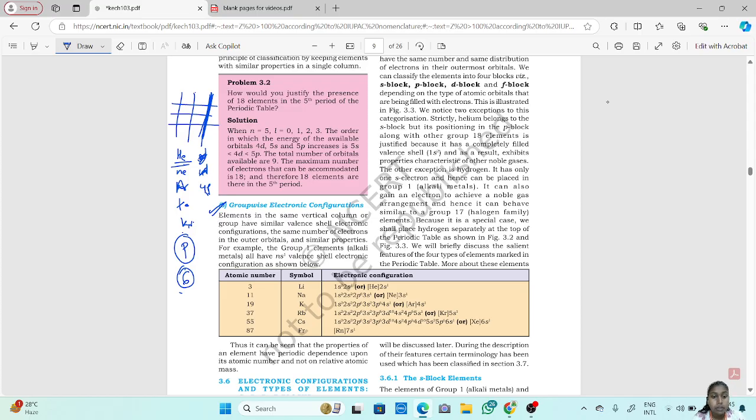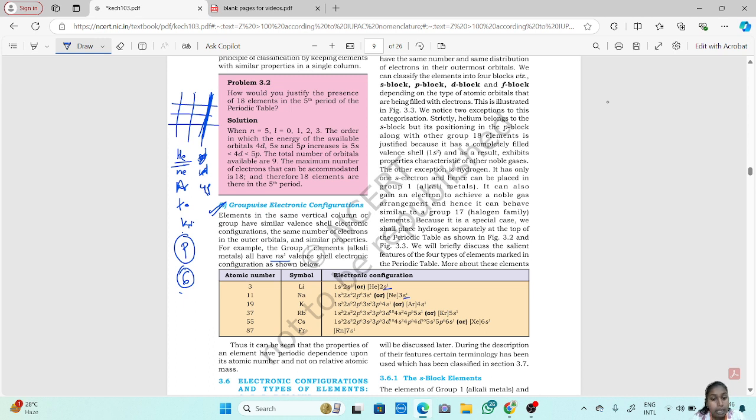Now for example, the group 1 elements, that is alkali metals, all have ns1 valence shell electronic configuration as shown below. Now the first group where hydrogen is placed, lithium, sodium, potassium, rubidium, cesium, francium, all these elements have s1 at the end.